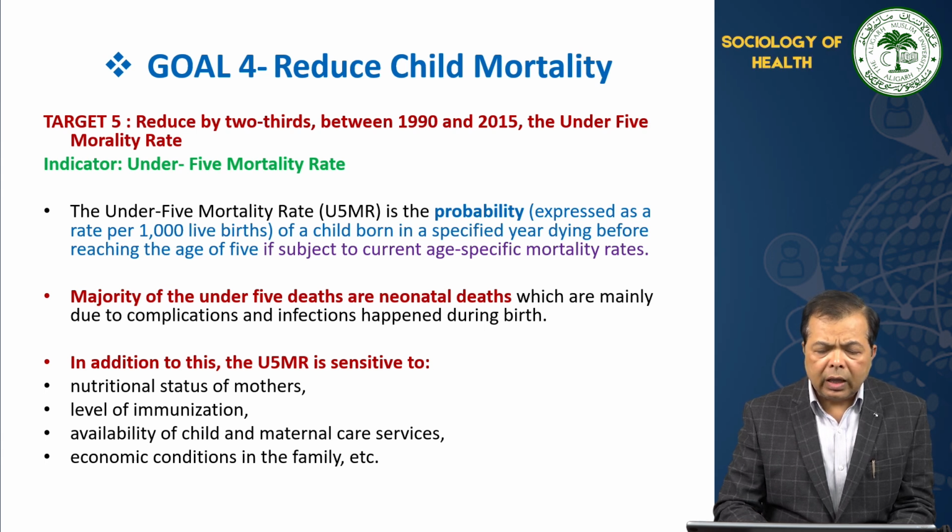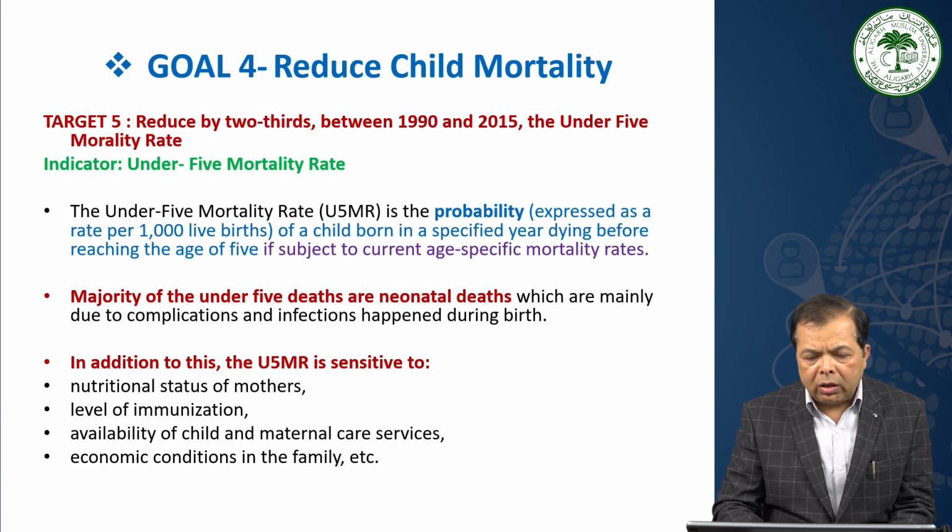Now, here we have target number 5, which talks about reducing by two-thirds between 1990 and 2015 the under 5 mortality rate. The indicator mentioned here is the under 5 mortality rate. So these are basically data rich content.